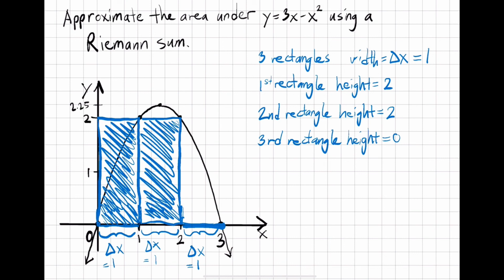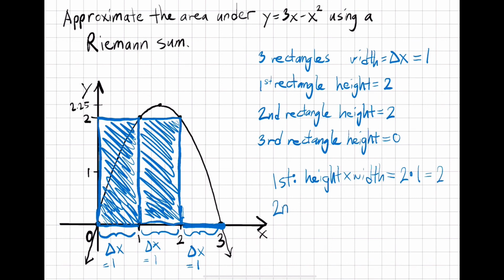Okay, now I want to know what the area of my entire curve is. To work that out, I need to find the areas of my rectangles. So that's easy. The first rectangle, the area is going to be the height times the width, which is 2 times 1, which is 2.